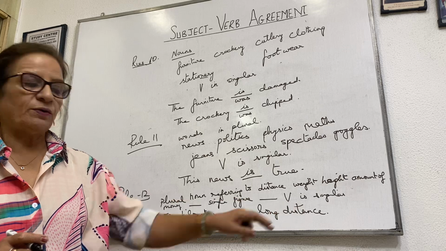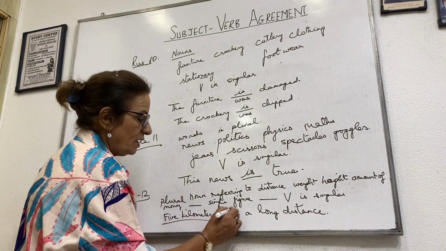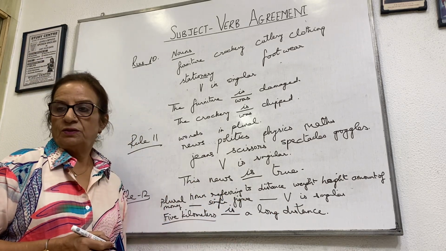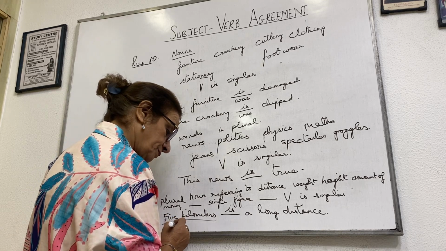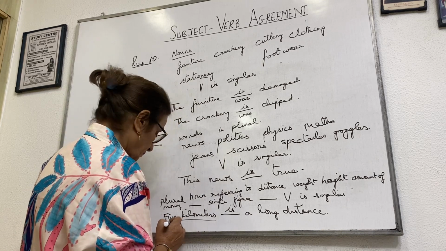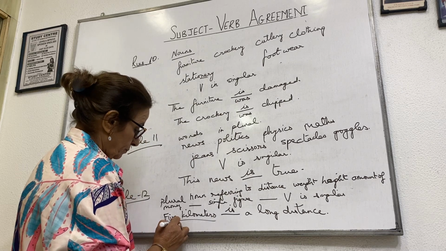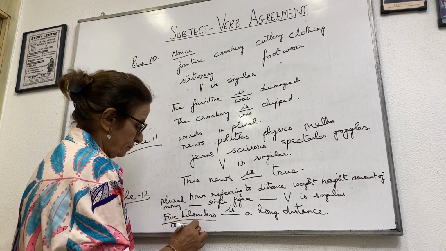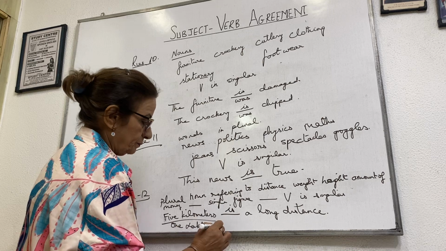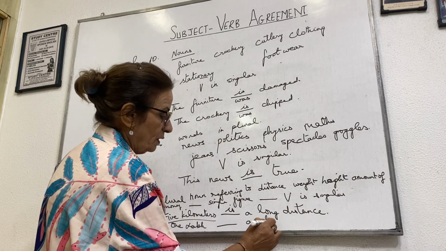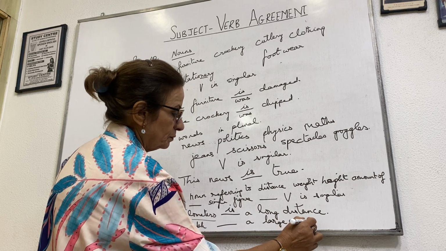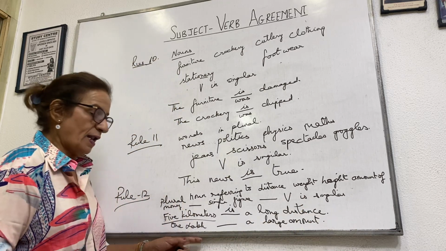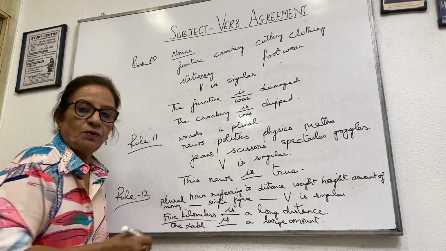So the verb is singular. So 5 kilometers is a long distance. One lakh, a large amount. So 1 lakh is a large amount.